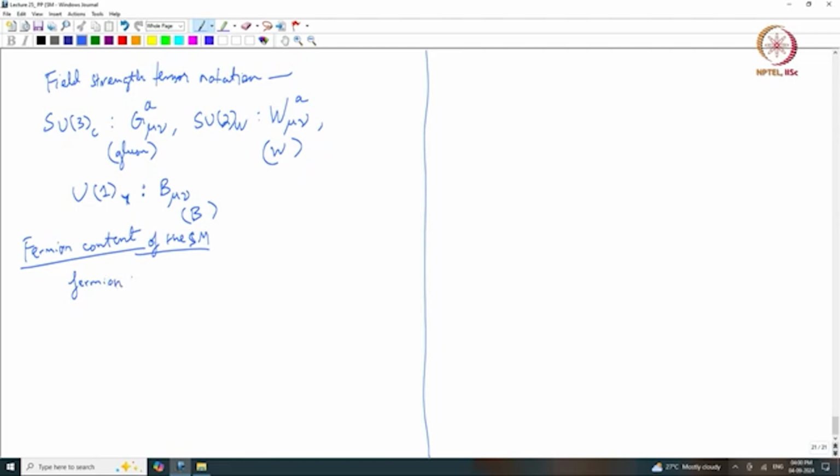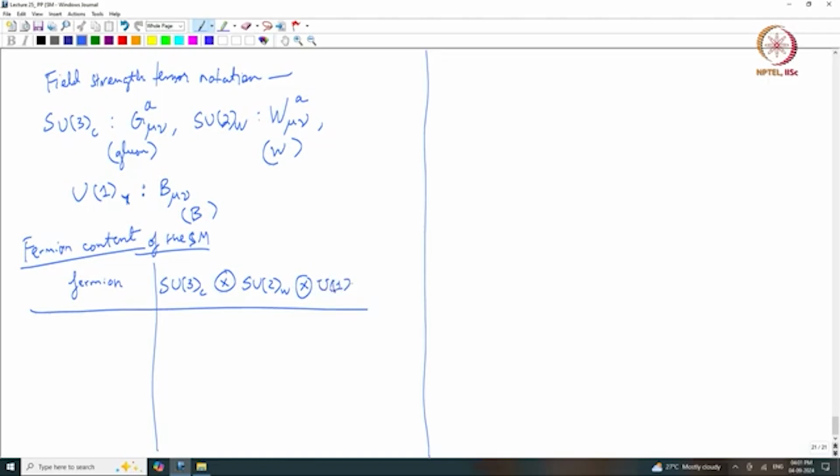I'm going to list the 5 fermions, and on the other side of a table, I'm going to write down how each field transforms under each of these groups, as a direct product. What does that mean?